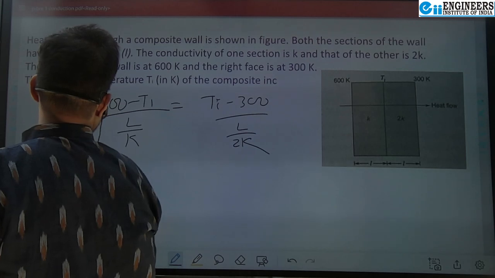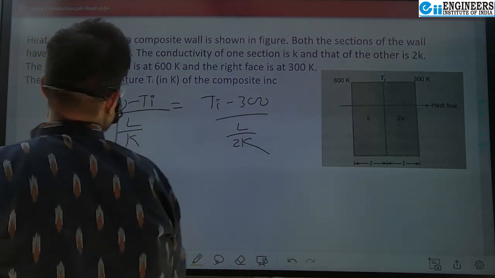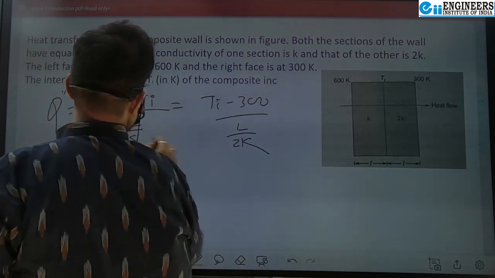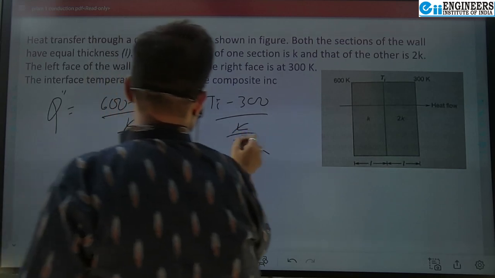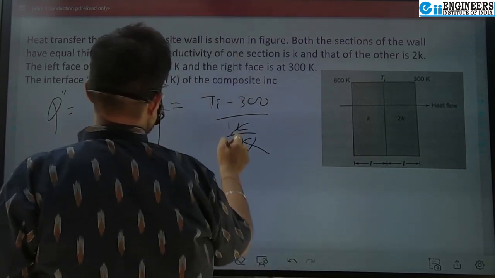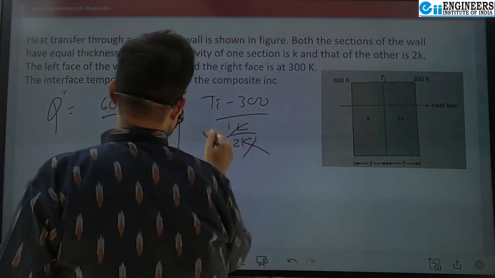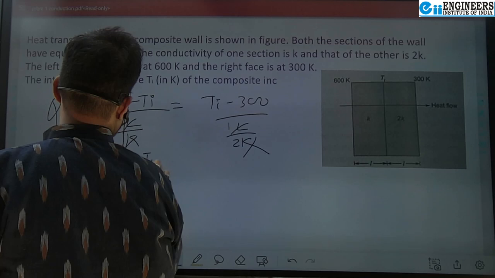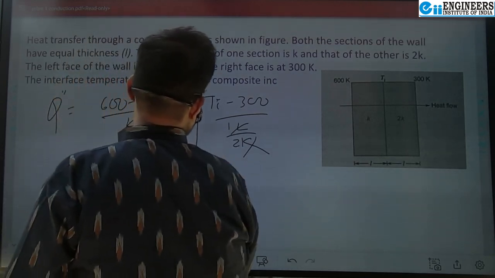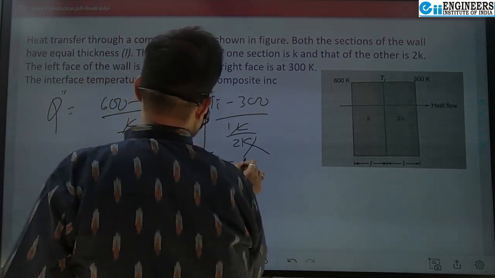This implies, let it get cancelled, 1 by 2, then this will get multiplied by 2, and this 600 minus Ti is equal to 2 Ti.